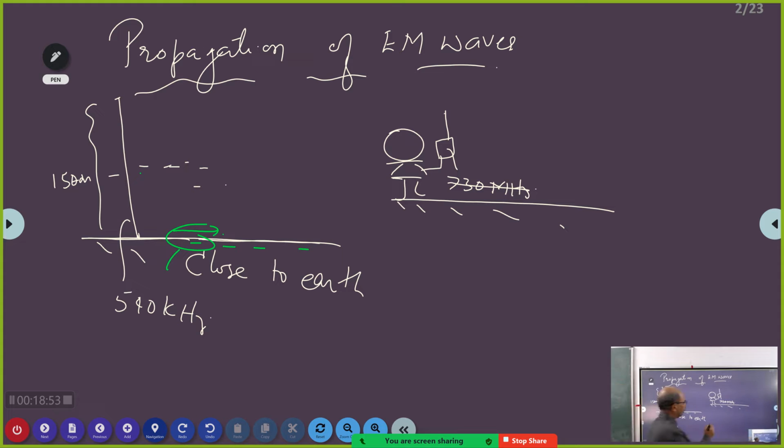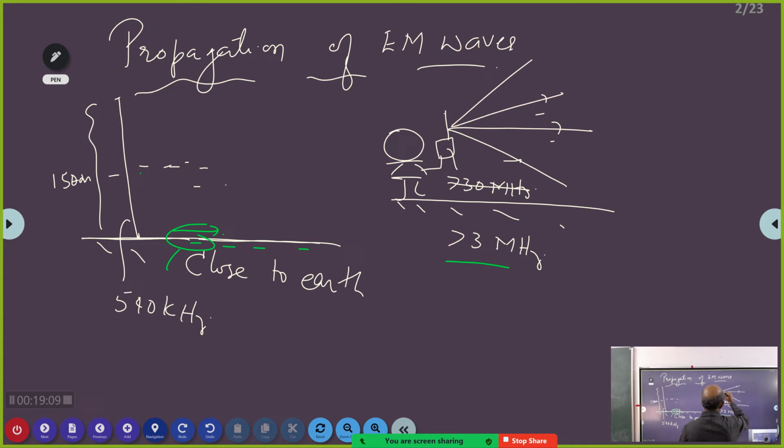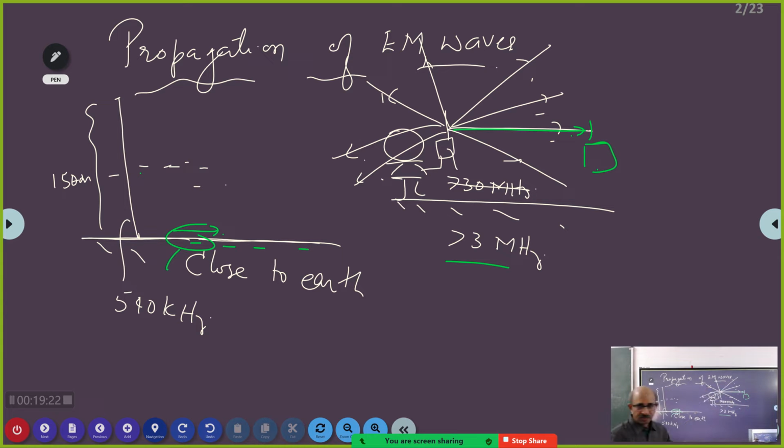If it is greater than 3 megahertz, that means now the waves can travel like this. Got it? That means if you have one more set here, this can directly receive the waves.